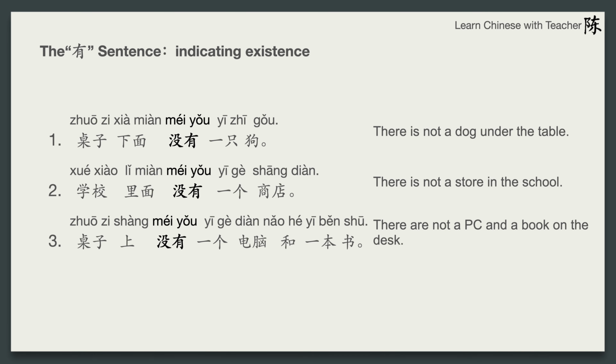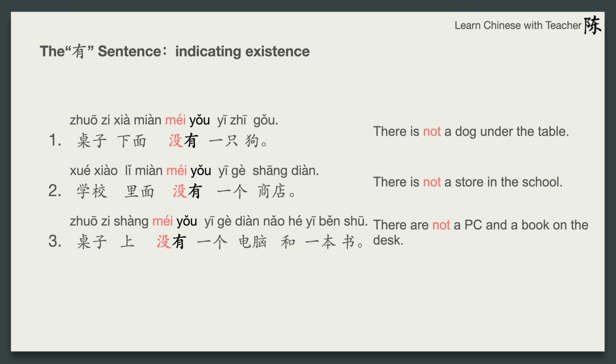Now, let's learn the negative form of 有. You just add a character 没 in front of 有. 没 means no or not. Then it's the negative form. You might ask, the negative form of 是 and 在 is 不.